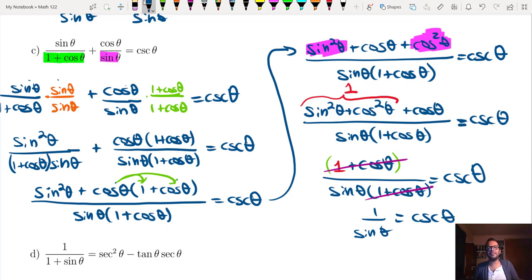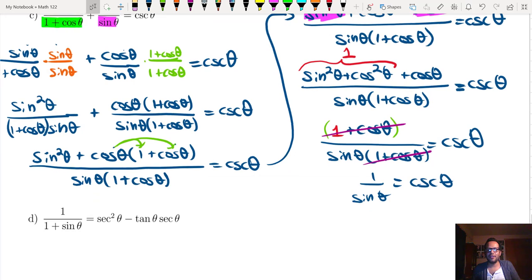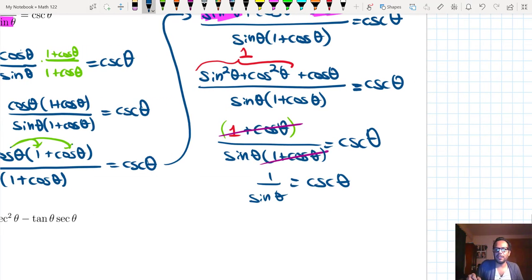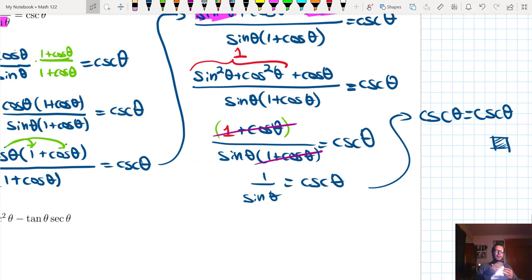But again, isn't that the same thing we did in the previous example? 1 over sine is the same as cosecant theta, which verifies the other side of the identity, right? See how this puts together a lot of things?